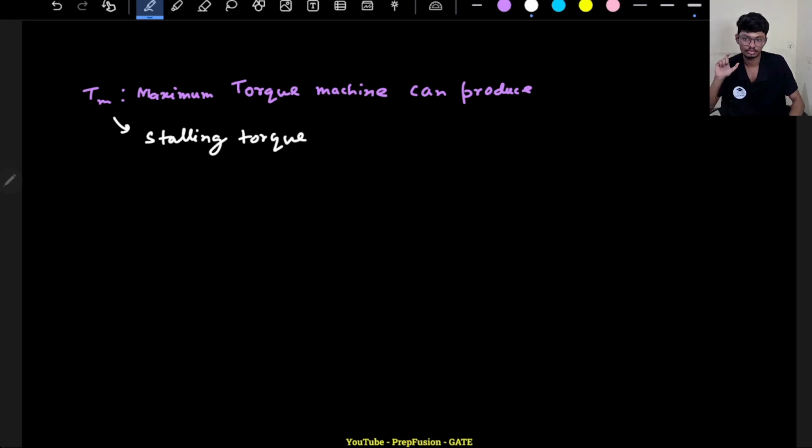Why is it called the stalling torque? Because what is the balance equation? The developed torque must be equal to the load torque, then it will be balanced.